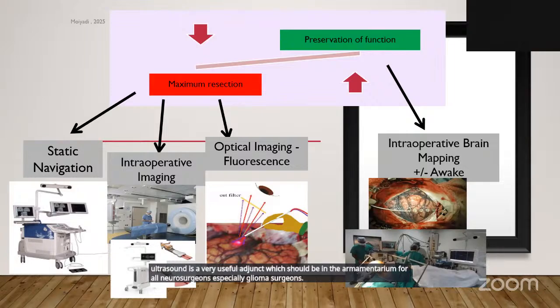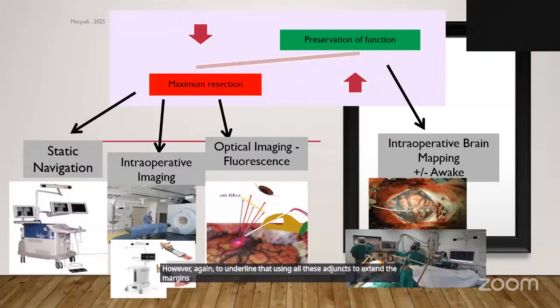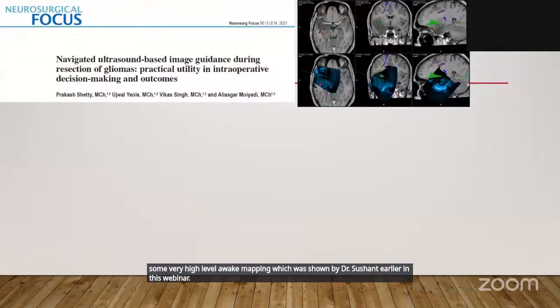Then you have fluorescence, and I think we will have a talk on this subsequently by Dr. Vivek. However, again to underline, using all these adjuncts to extend the margins of resection should not come at the cost of function, and therefore functional mapping and monitoring, be it awake or under asleep, is very important. We've seen some very high-level awake mapping shown by Dr. Sushant earlier in this webinar.